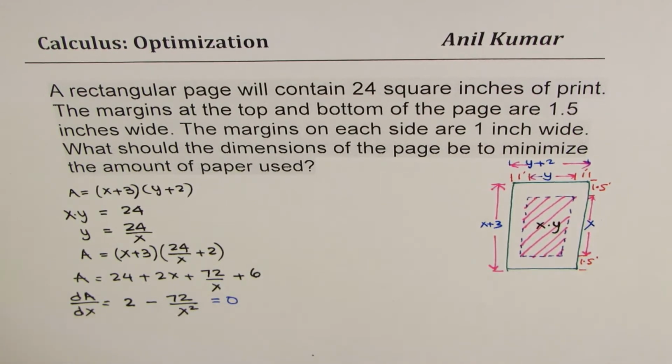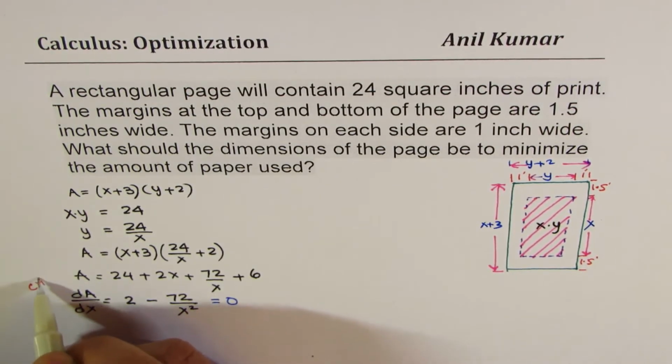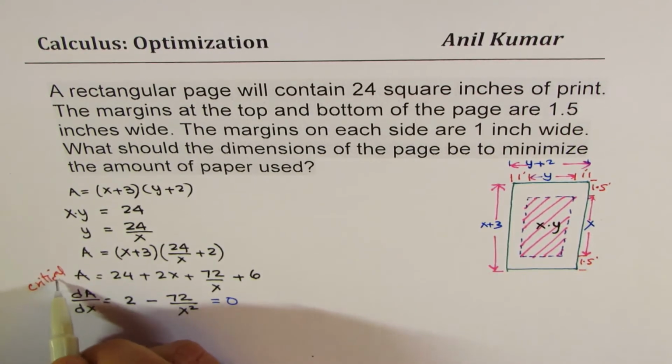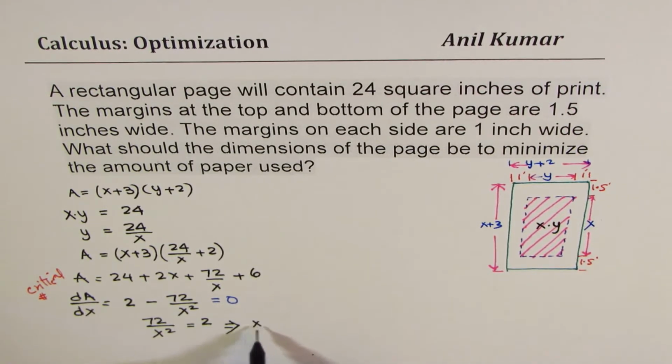So in all optimization questions, we have to find the first derivative, equate it to 0 to get the critical number. So this is for critical number. So that gives you the value for x. So you could write this as, we'll do it in 2 steps, equals to 2, or that implies x is equals to square root of 36.